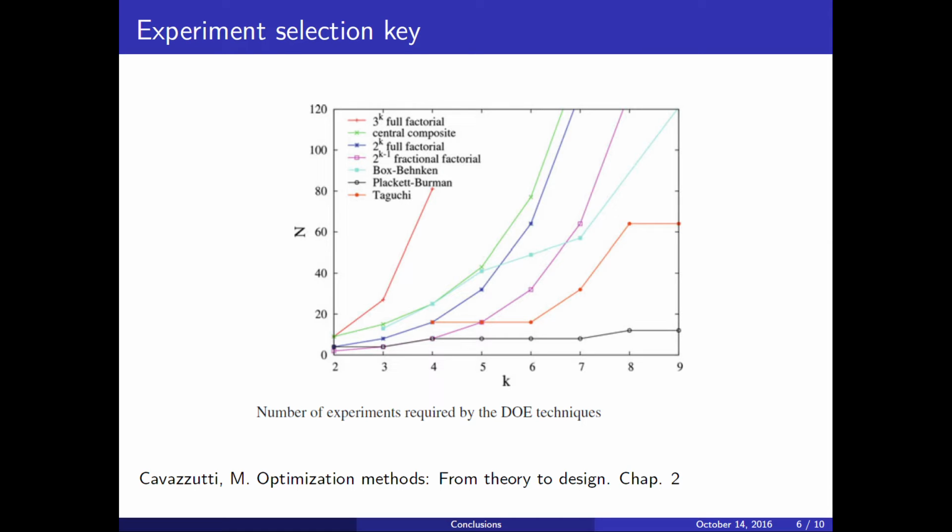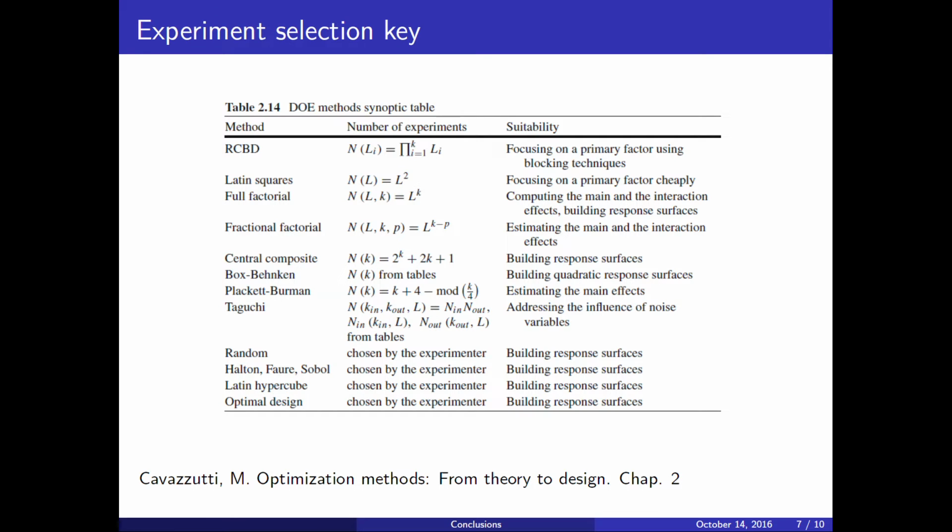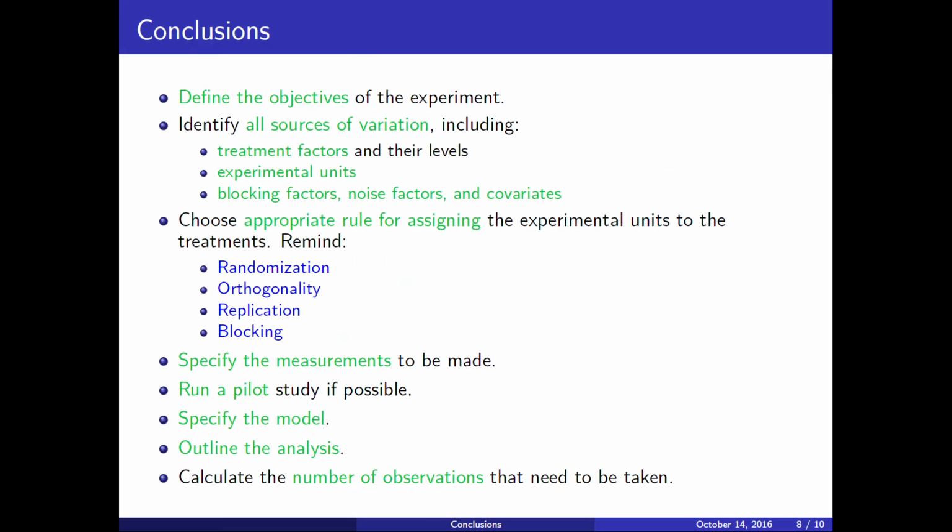The fraction will allow you to estimate the main effects and the second order or third order effects, depending on your confounding pattern. And we have explored all these things of resolution. This is just a summary of the number of executions for each one of the different designs.